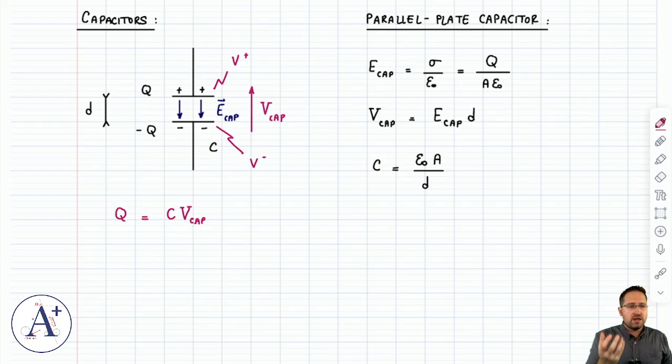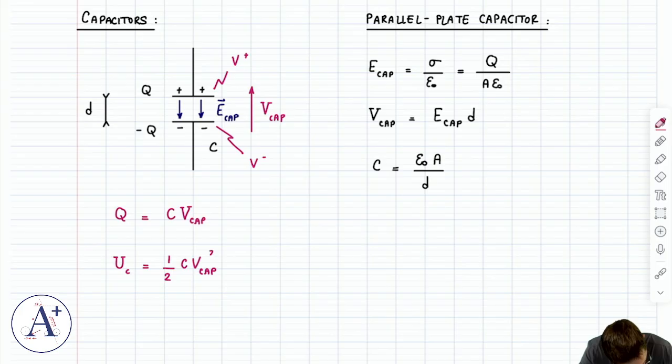Capacitance is actually the amount of charge per volt that you can store on the capacitor. And then the potential energy stored in the capacitor, U sub C or U, doesn't matter how you want to call it, is 1/2 C V squared.